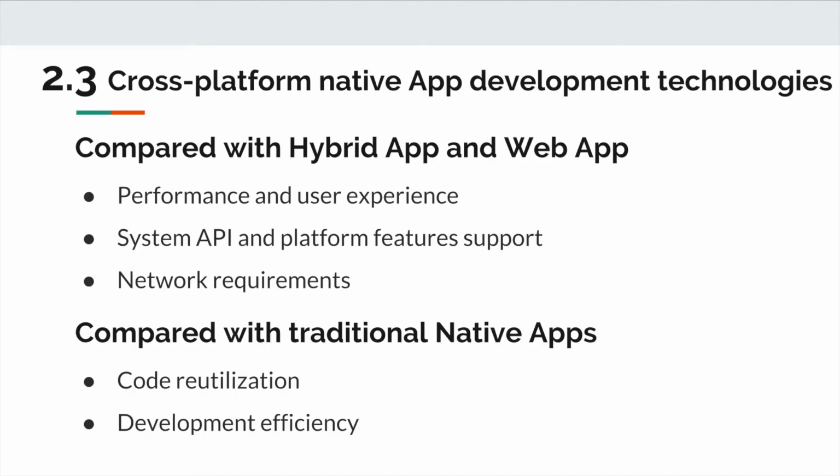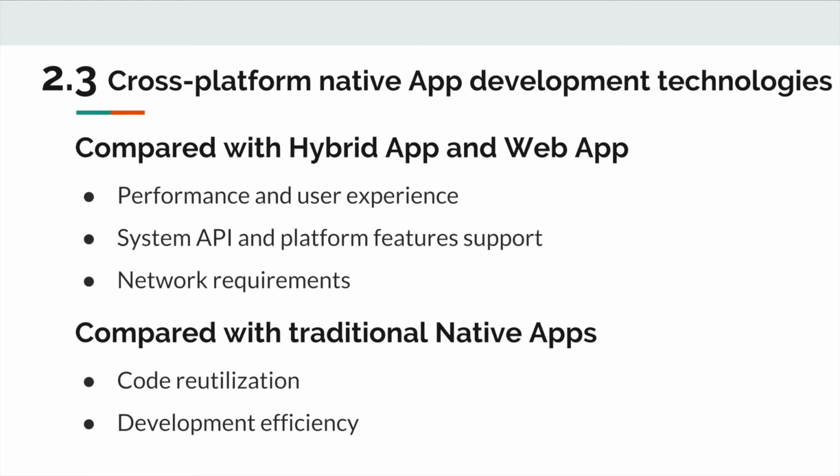As mentioned above, web applications and hybrid applications have many advantages and very high development efficiency. However, they are still inferior to cross-platform native applications in the following aspects: performance and user experience. The interaction of native applications is smoother and faster to run.